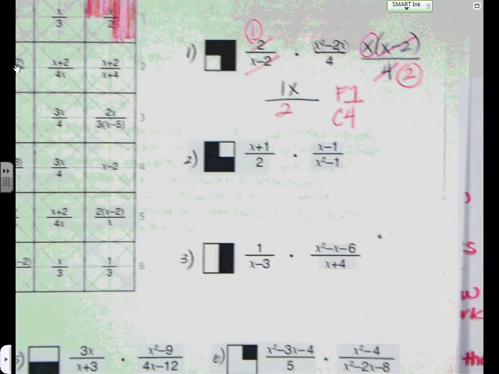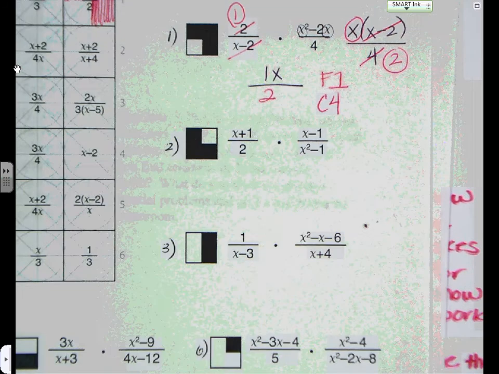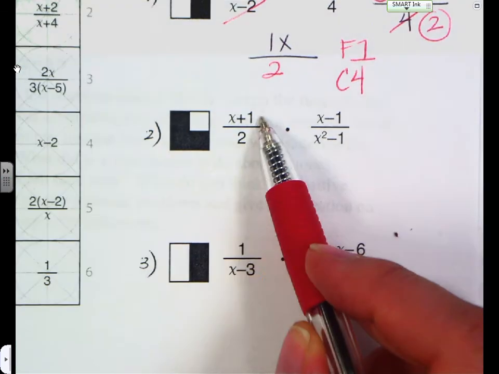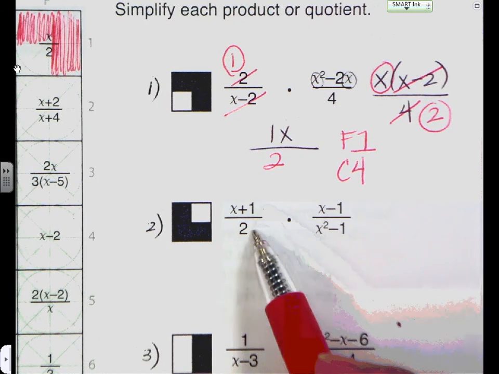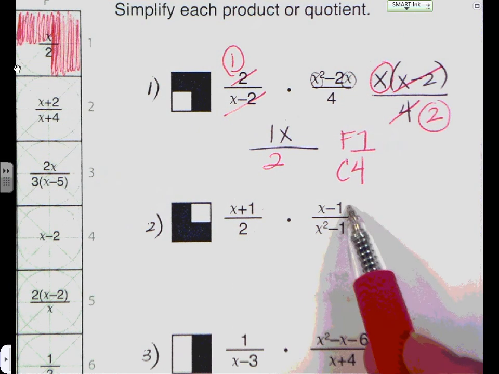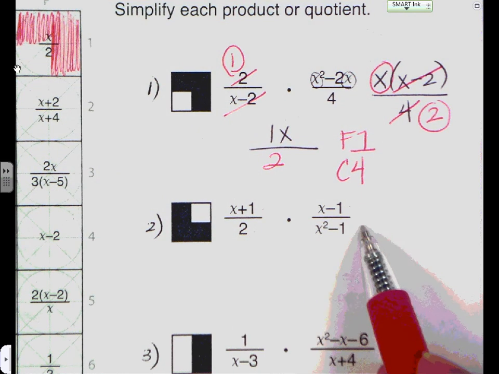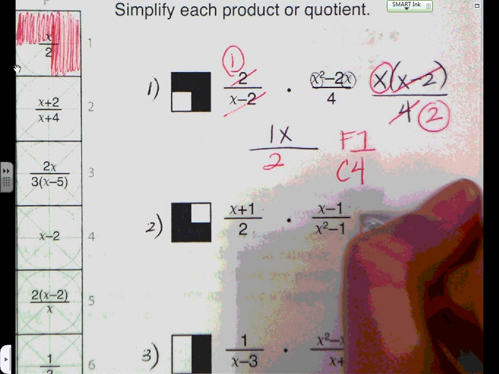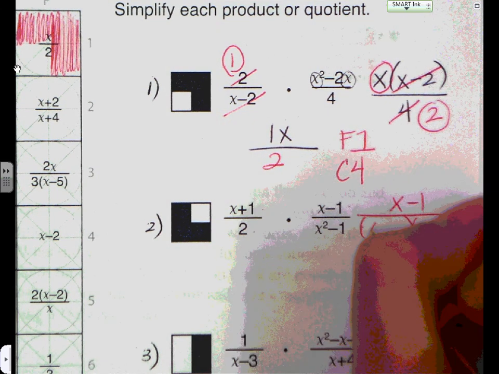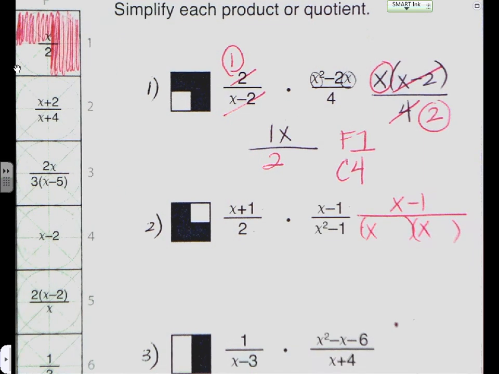If you look at number 2, is there anything that you can factor out of the first numerator? No. How about 2? No, not 2. X minus 1? Nope. But the bottom I can. Yeah, x squared minus 1. So since you have a squared, you're automatically going to put an x in both parentheses.